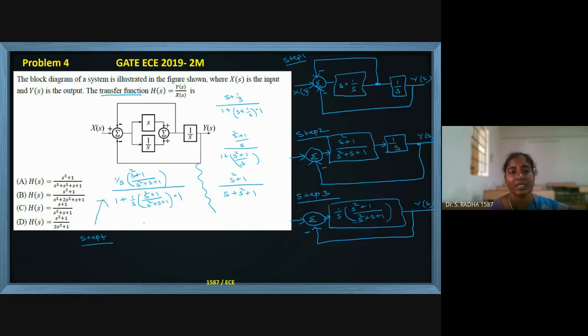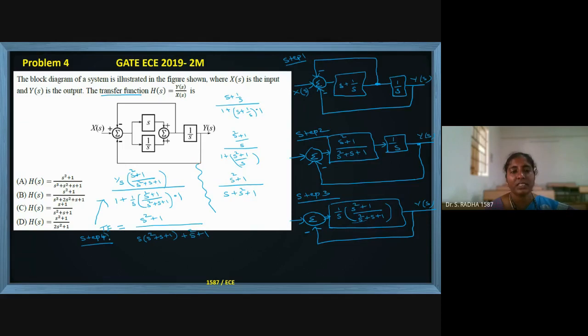If I simplify this, what will happen? The numerator is S square plus 1. Denominator will be S into (S square plus S plus 1) as the first term, and the second term is S square plus 1. That is nothing but the single block that will be present, otherwise called the transfer function.